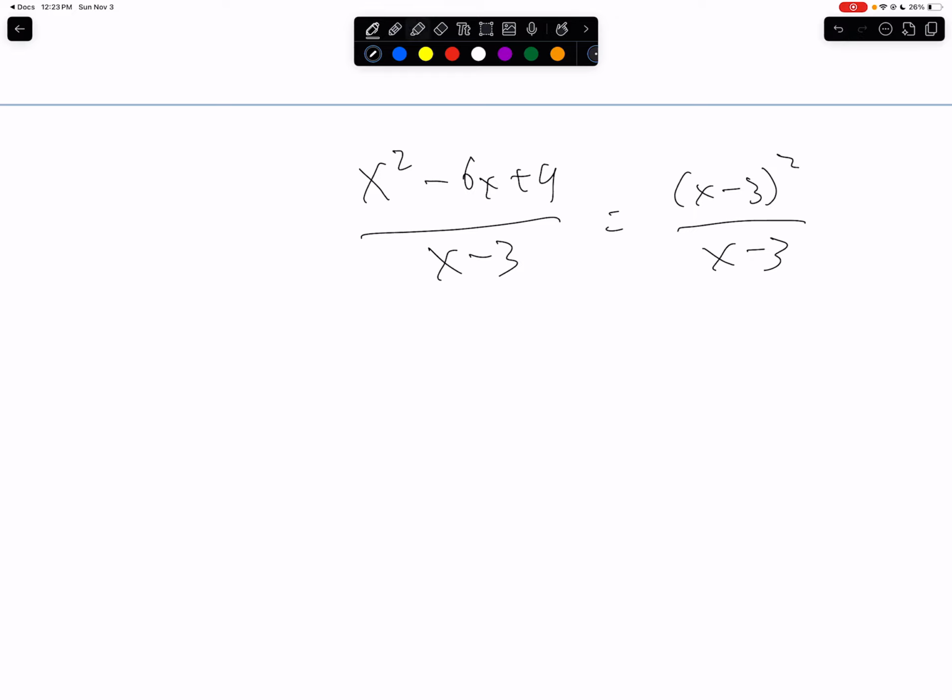The denominator will cancel, so it'll just be x minus 3, and it would have a hole at x equals 3, not a vertical asymptote.